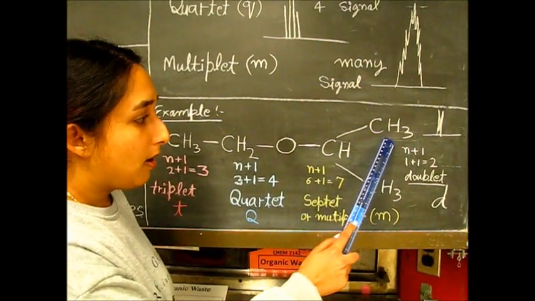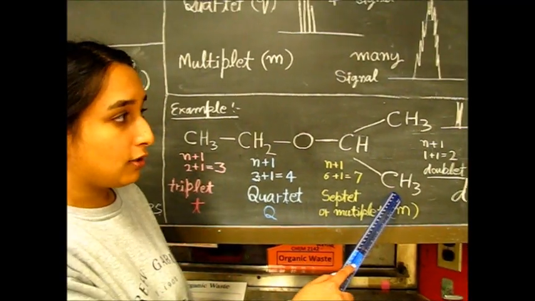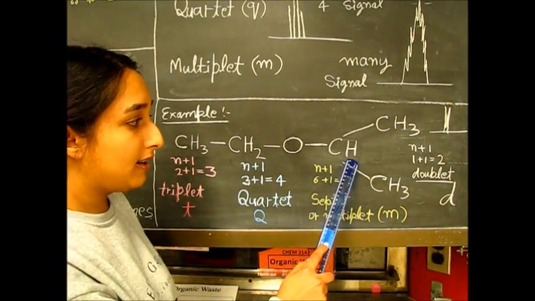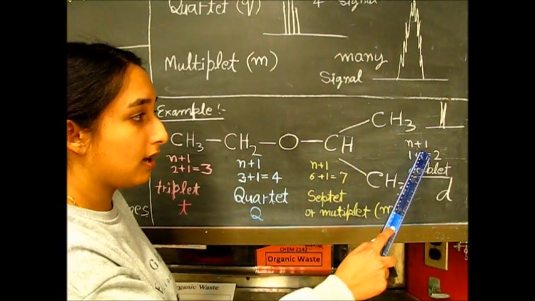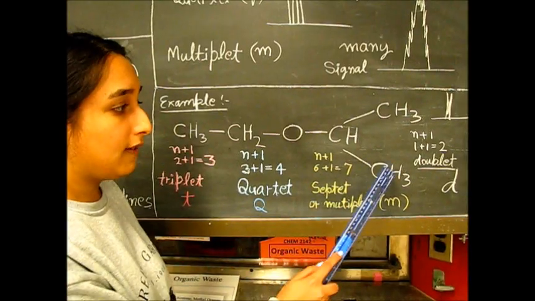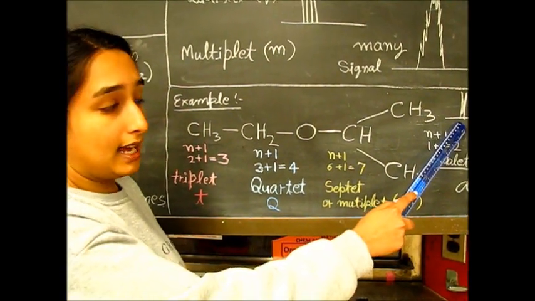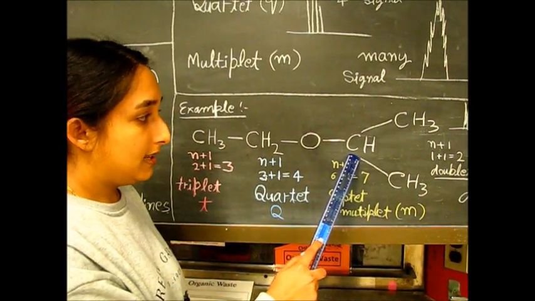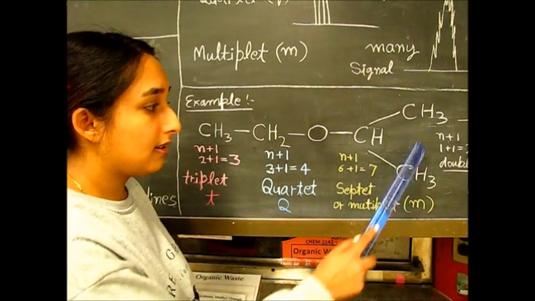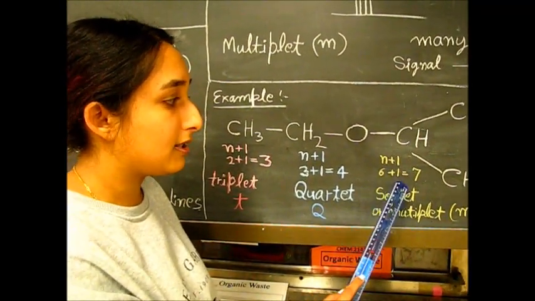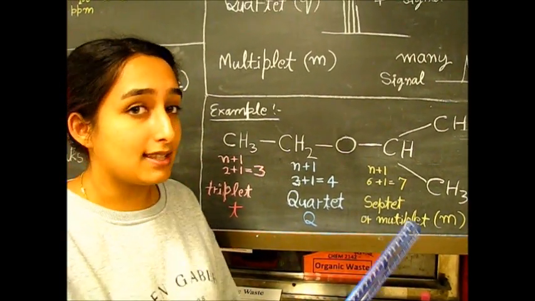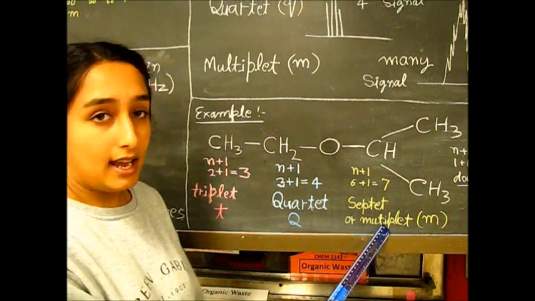Here, both of these CH3s will show up as two peaks since they have one neighboring hydrogen, so n+1, 1 plus 1 equals 2. Each of these will show up as a doublet. This CH right here has 6 neighboring protons, and therefore 6 plus 1 equals 7. This will show up as a septet or as a multiplet on an NMR spectrum.